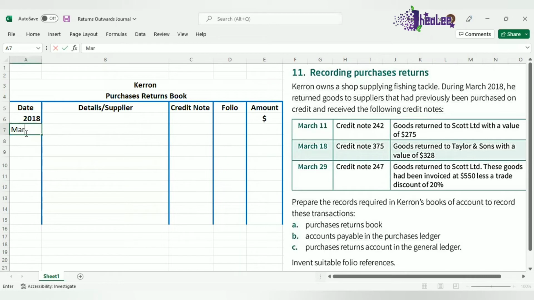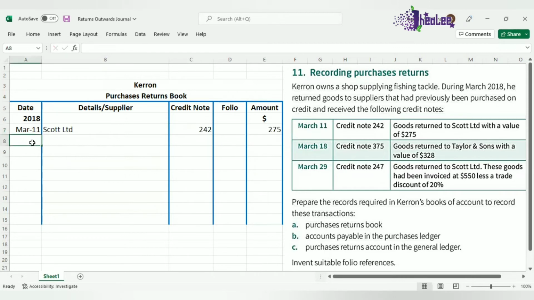March 11th, our supplier's name is Scott Limited. The credit note number is 242, and the value of the goods being returned is $275.